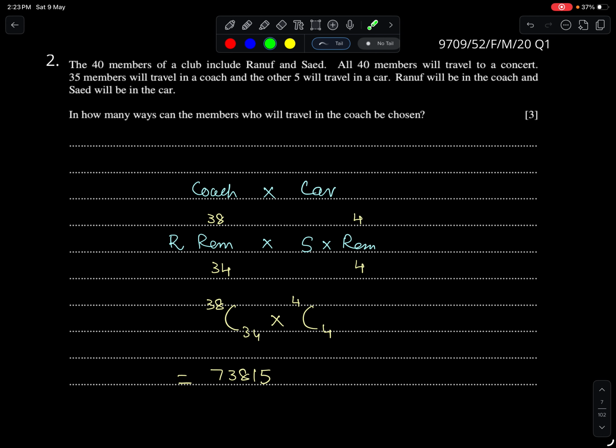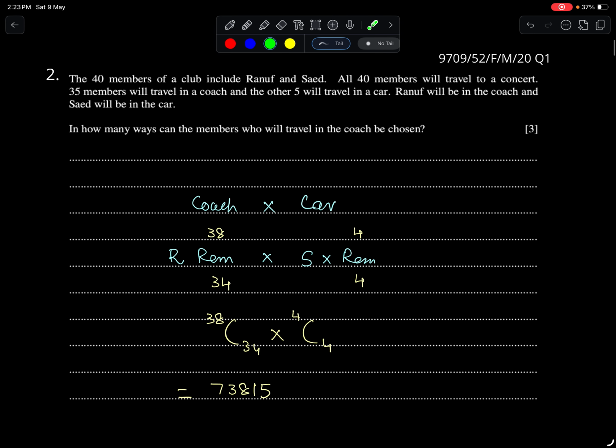The 40 members of a club include R and S. All 40 members will travel to a concert. 35 members will travel in a coach and 5 will travel in a car. R will be in the coach and S will be in the car. So very simple. R is in the coach, so we need the remaining 34 out of 38. And S is in the car, so 1, and the remaining 4 from 4.